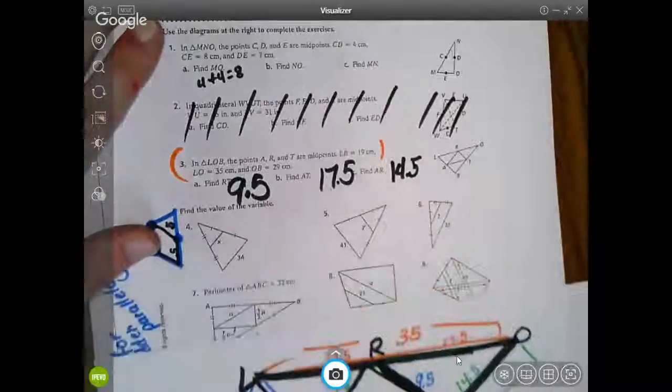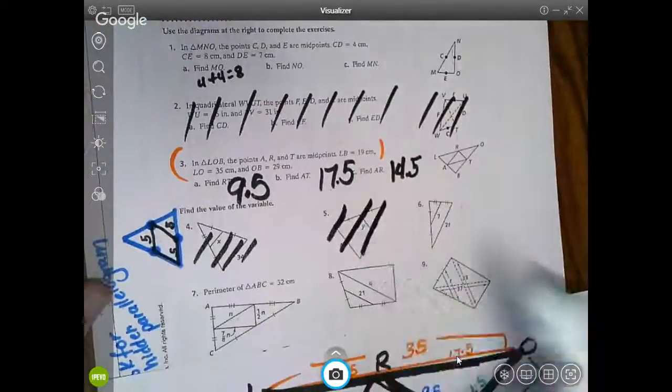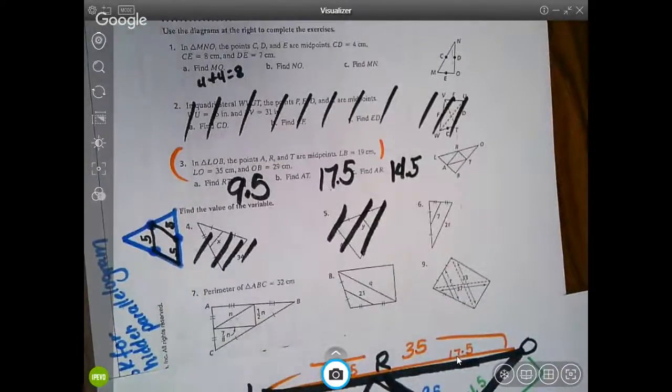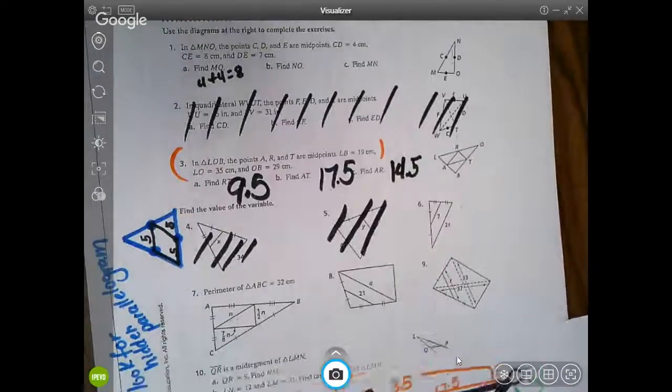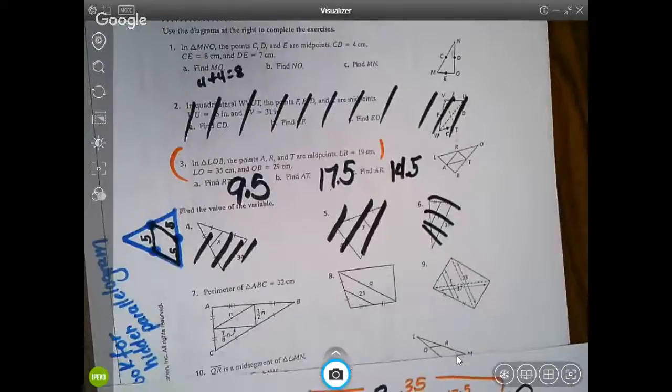Okay, so we did not do 4 and 5 just because they're easy. If you understand the ones that come later, you'll understand 4 and 5. And actually we stopped at 6, I'm going to cross out 6. Let's look at 7, and 7 will be our last problem for today, because it's a pain in the butt.